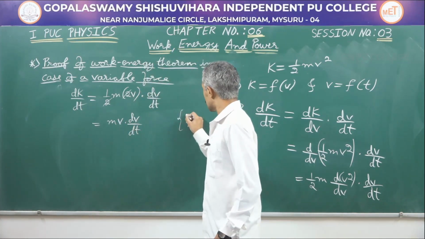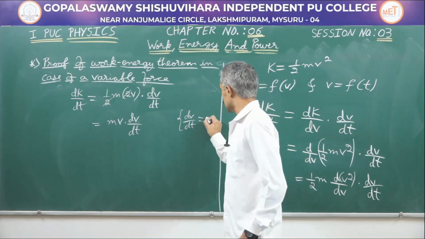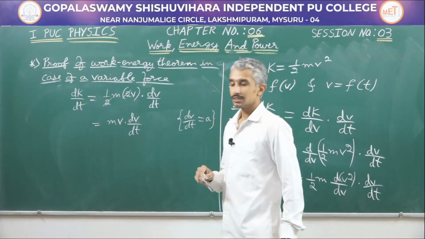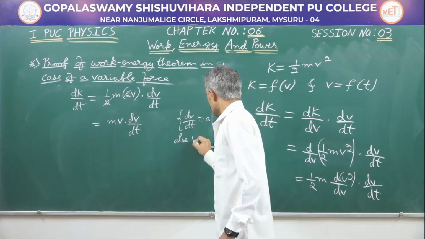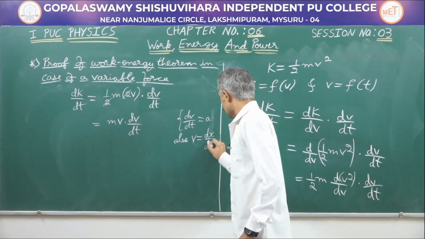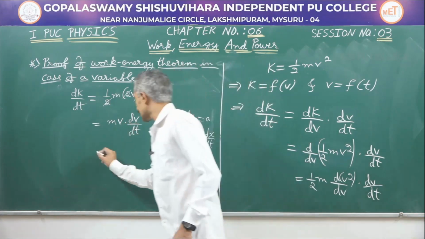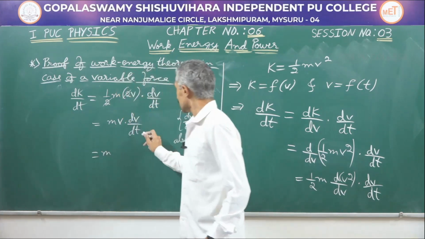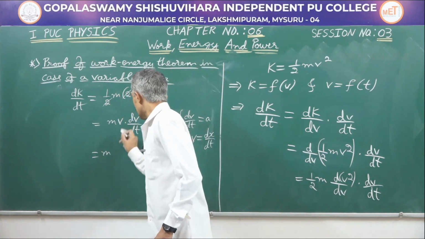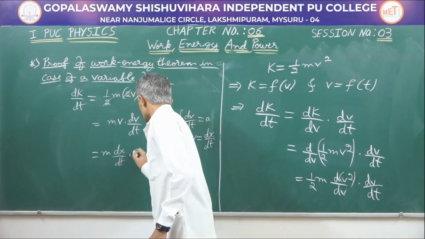We know dv by dt, rate of change of velocity, is nothing but acceleration. Also, velocity can be written as rate of change of position. So, in this formula I will write dv by dt as a, and v as dx by dt.